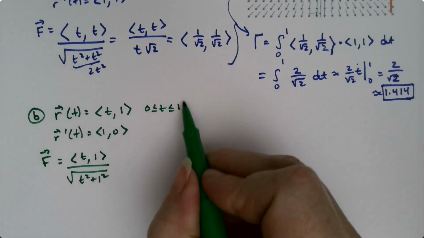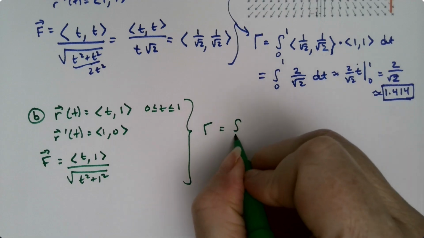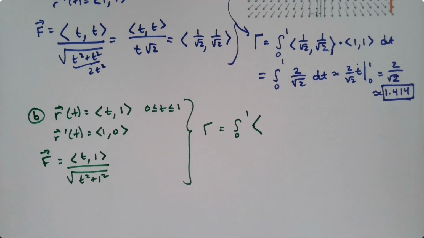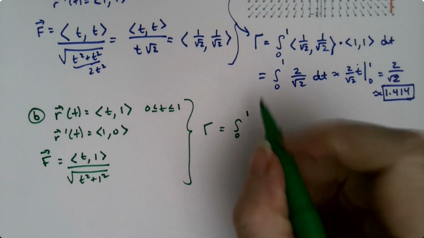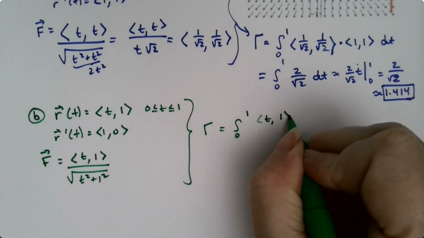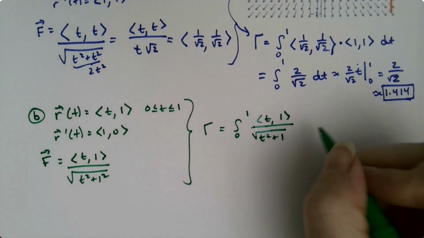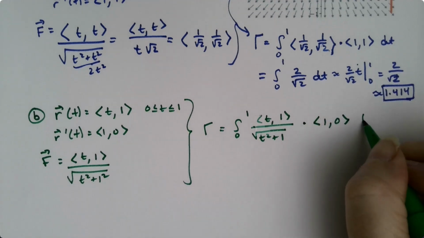Okay, so then the circulation would be the integral from 0 to 1 of, actually, let me write it still in the fraction form. It's just going to be so ugly to write it otherwise. So t, comma 1 over the square root of t squared plus 1, right, because 1 squared is 1, dot product with 1, comma 0, dt.